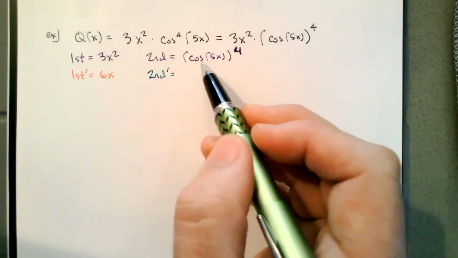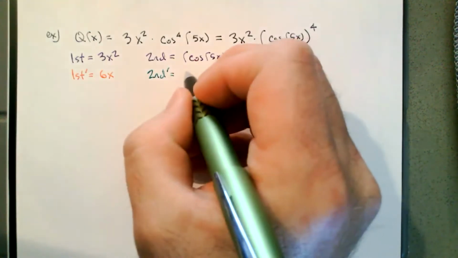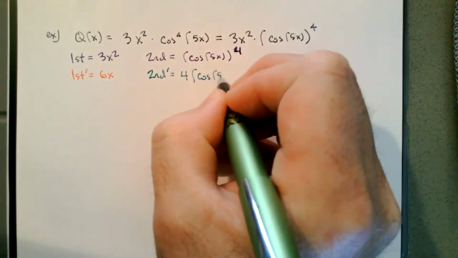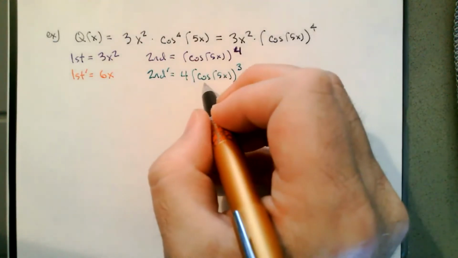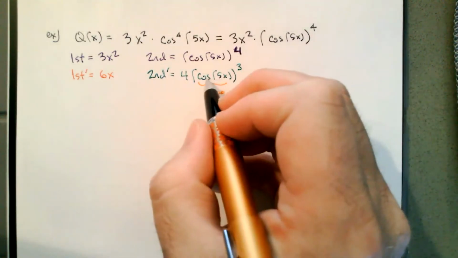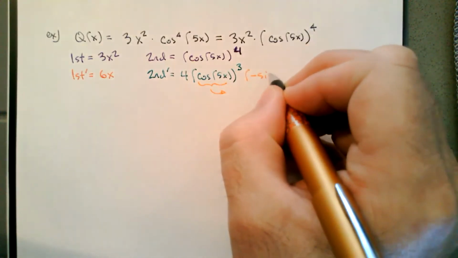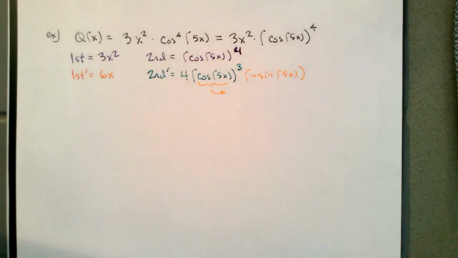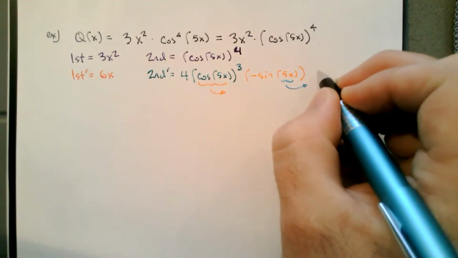So the derivative of the fourth power of the cosine of the product of 5 and x will be 4 times cosine of 5x to the third. And then we have to multiply by the derivative of the inside. The derivative of cosine of 5x is negative sine of 5x. And then we have to multiply by the derivative of the inside, which is 5.